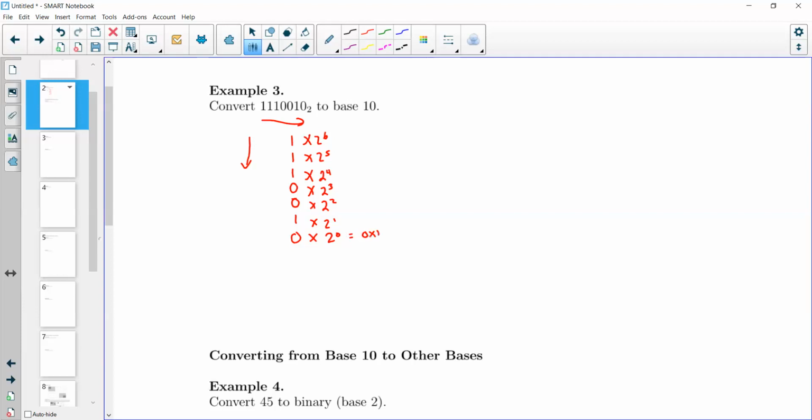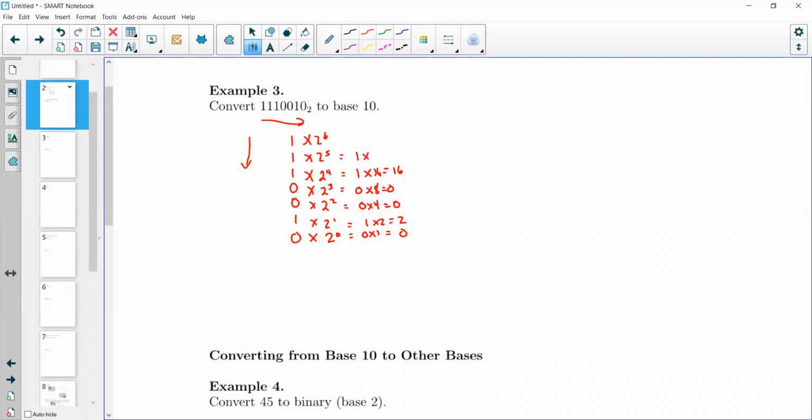This is 0 times 1, which is 0. This is 1 times 2, which is 2. This is 0 times 4, which is 0. This is 0 times 8, which is 0. This is 1 times 16, which is 16.